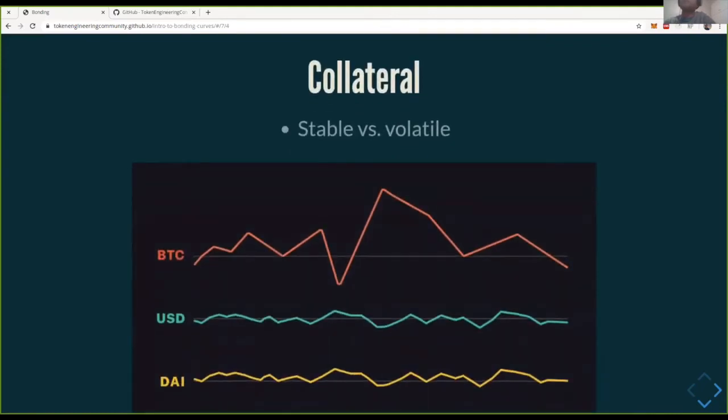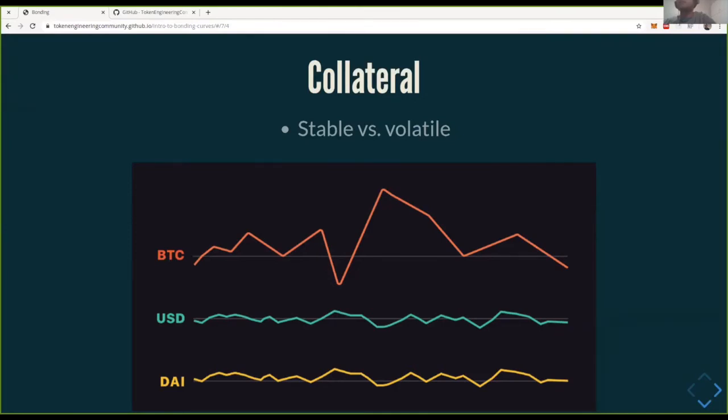You can also decide to choose what collateral you want to be held in your bonding curve. So if you were to have Bitcoin in that pool, you would have a very volatile market, and it wouldn't necessarily be truly representative of some idea or thing that you're trying to curate.